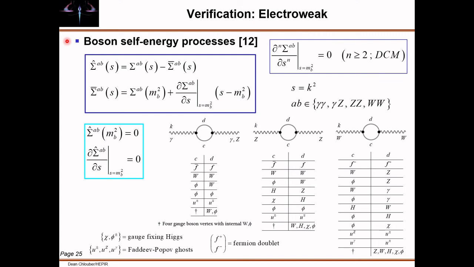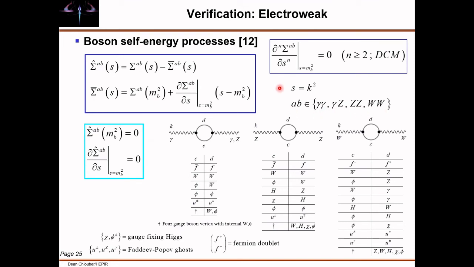Now let's consider boson self-energy processes and their verification in electroweak theory. Here we have a number of Feynman diagrams which contribute in second order, including the photon self-energy, gamma-Z mixing, Z boson, and W boson self-energies.